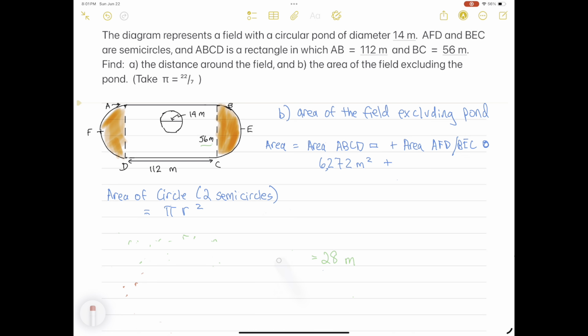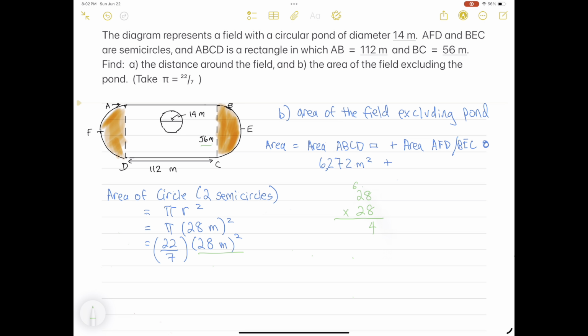And on the line below, I write pi times 28 meters square. Please take note that the entire value, 28 meters, is squared. And on the next line, I substitute 22/7 for pi. So I have 22/7 times 28 meters square.